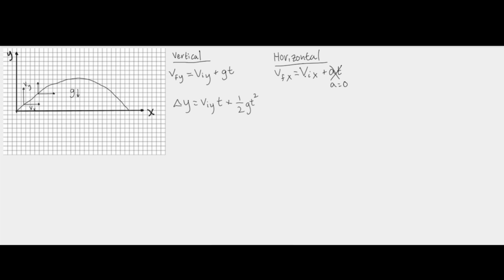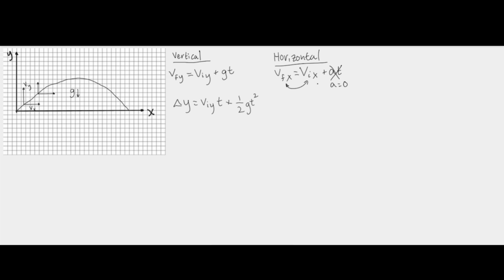We can see here that the initial velocity in the x direction is exactly the same as the final velocity in the x direction, and that's exactly what we want. That has to be the case if the velocity in the horizontal direction is to remain the same at every point along this path. So we don't really even need this equation, because the final equals the initial. We're not going to be solving for some difference between the final and the initial velocity.